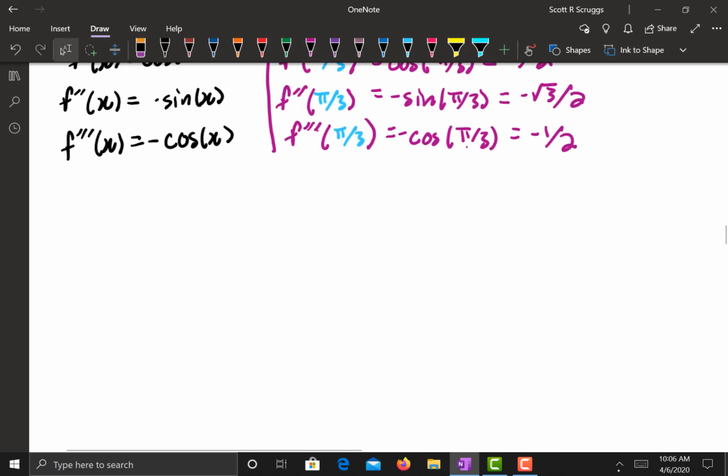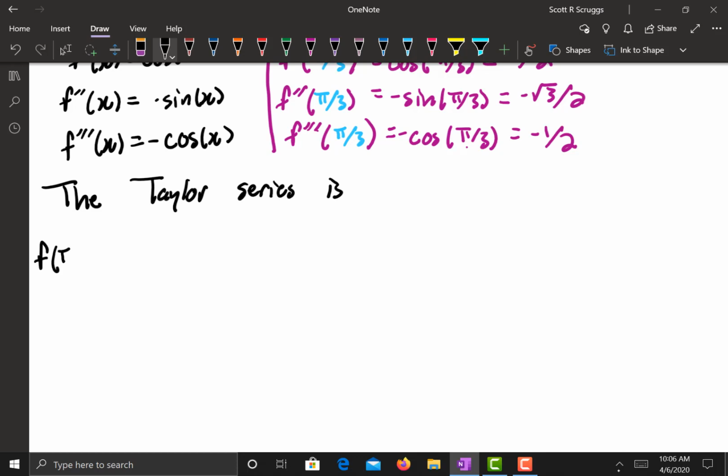So let's write down the Taylor series in explicit form. The Taylor series is the following. I have f evaluated at pi over 3, then the first derivative at pi over 3 over 1 factorial.